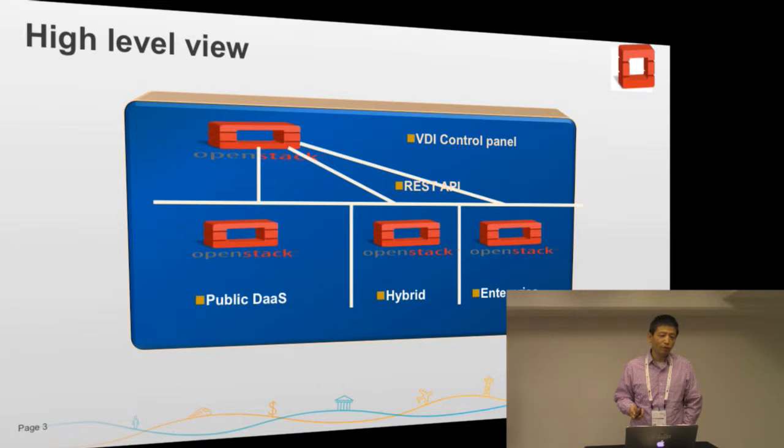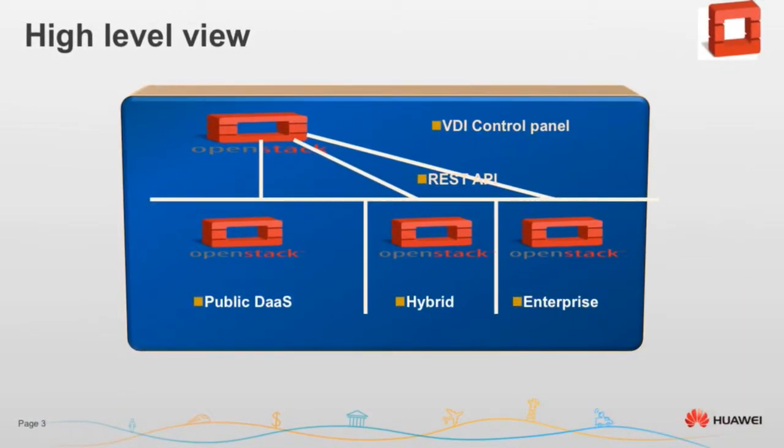The high-level view, basically, what we propose is to have a REST API, like all the OpenStack modules, so you can control. You have a control panel that can control all the hypervisors, and you can put those things into a public cloud, hybrid, or private enterprise cloud.